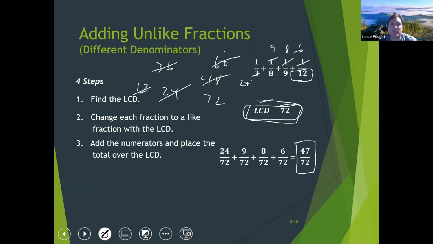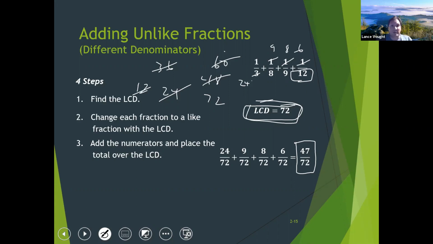Now, could 47 over 72 be simplified? 47 is not divisible by 2. 47 is not divisible by 3. 47 is not divisible by 4. Neither of them is divisible by 5. 47 is not divisible by 6 because it's not an even number.